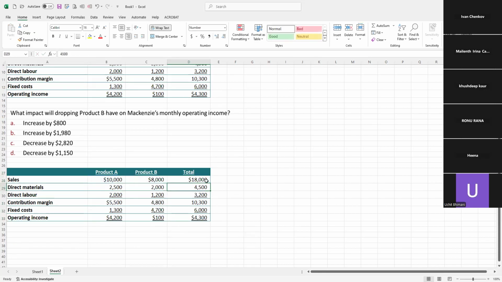And if I run that calculation all the way to the bottom, it's going to give me those numbers, right? I want this one to be like this. So the question is, if I drop this one, what's going to happen?